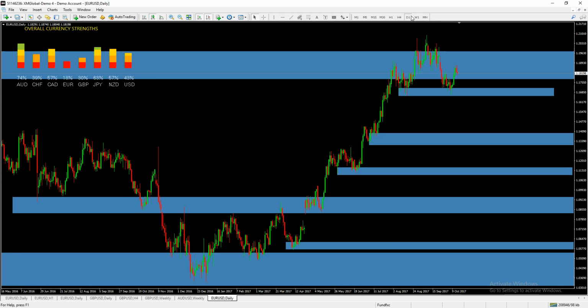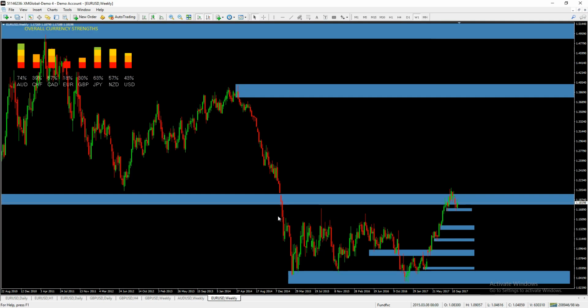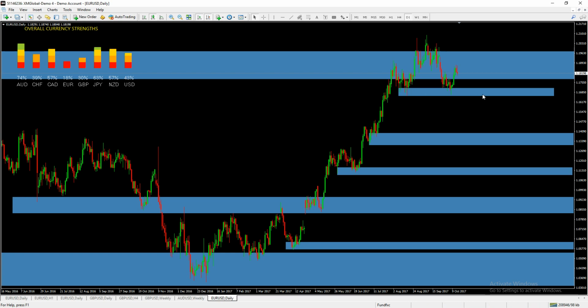So now we have this situation where it's fresh on a weekly. Is it a weekly level supply? Yes. What's below it? A daily level demand. How many times has demand been touched? Once, twice, 3 times.